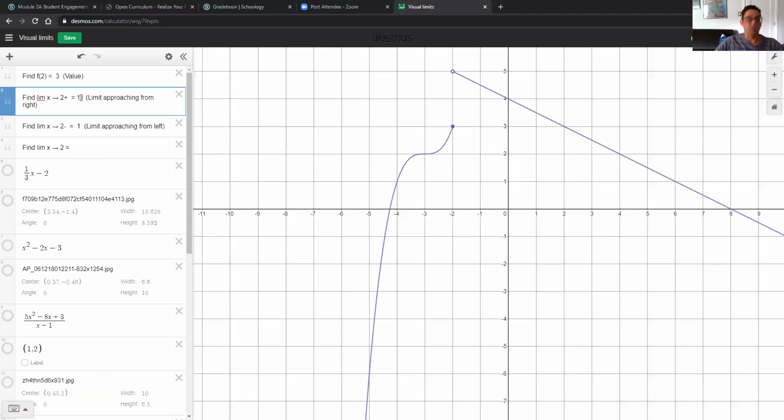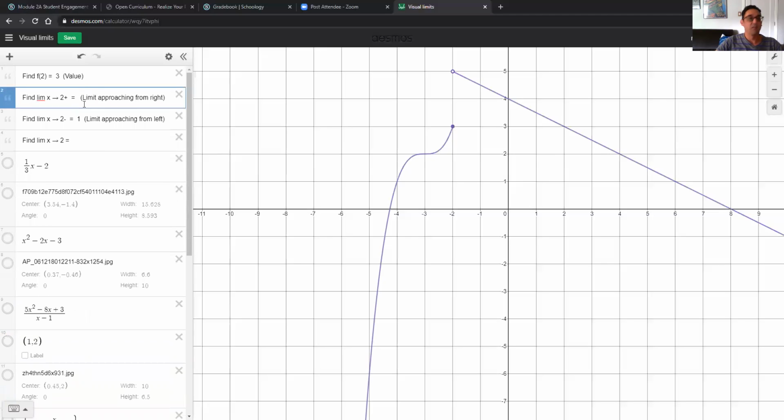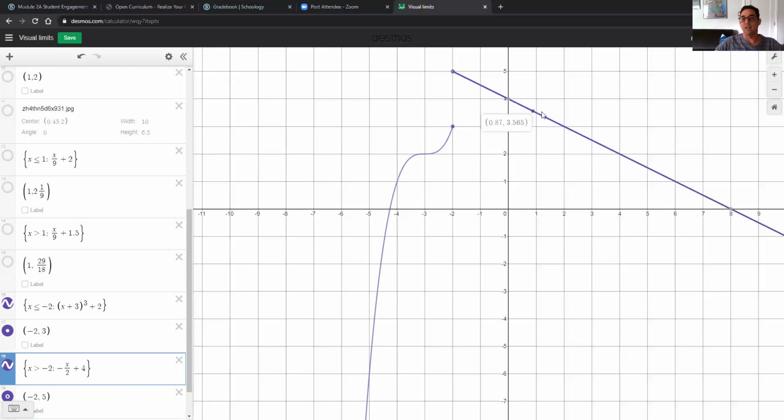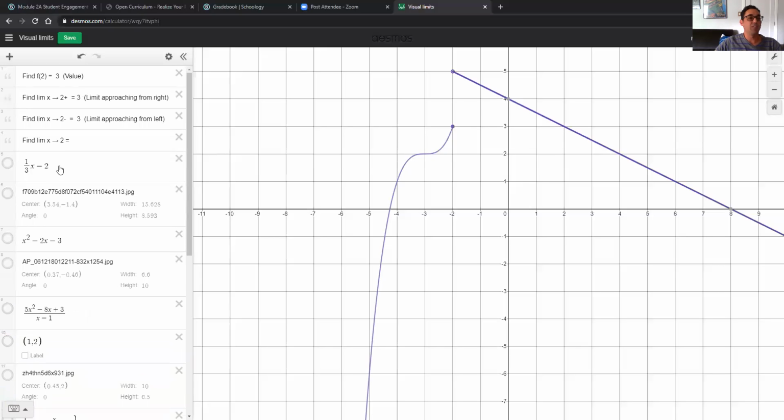So the limit is also 3 at 2 plus. Right? The limit from the left is still 3, because as I come from the left, as I'm approaching 2, it still makes 3. And so if the limits from the left and the right agree, then the overall limit is 3. So those are your answers for everything, okay?